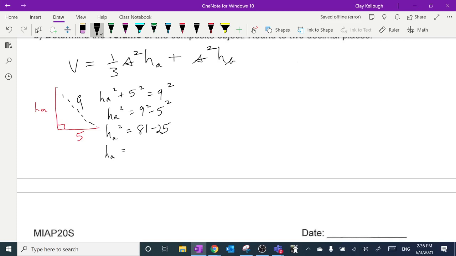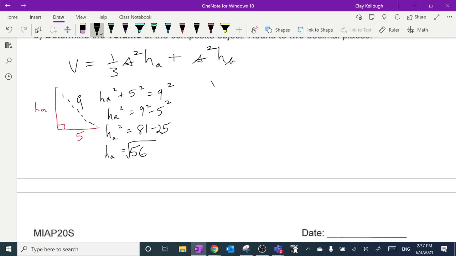Well, 80 minus 20 is 60, and 11 minus 5 is, what is 11 minus 5? 6, so that's 6, so 76? No, not 76, 56? That's what I meant to say. Right? 56. And square rooted. And once again, I don't like to actually punch the square root. I know that I'll just do that when I do the big calculation.